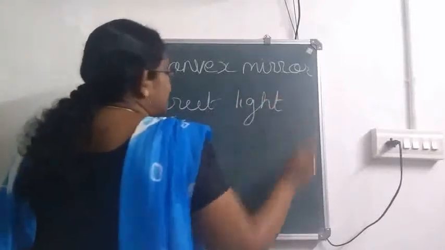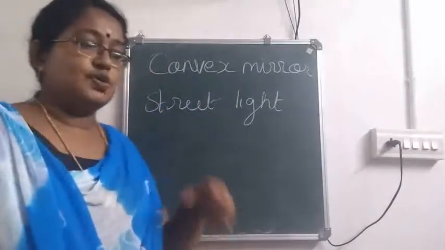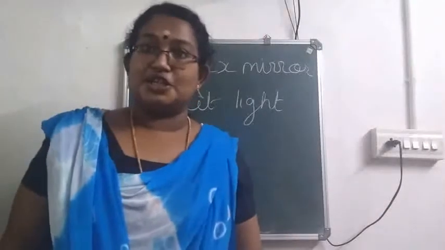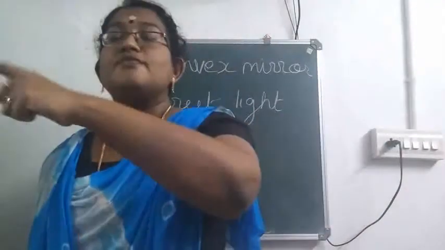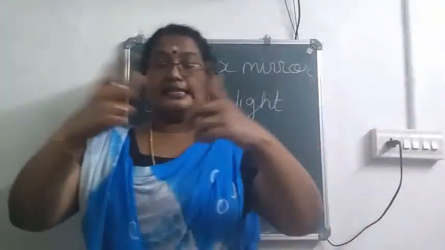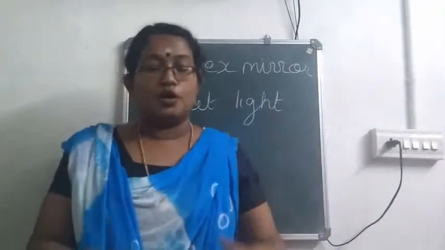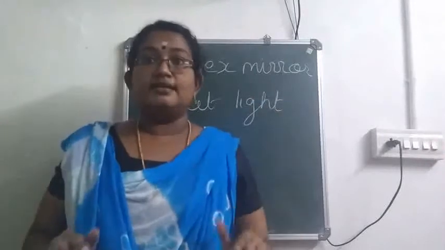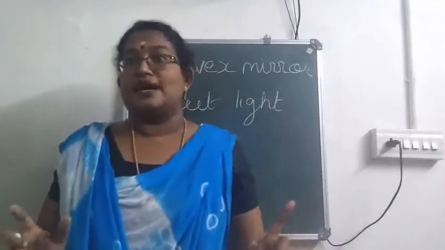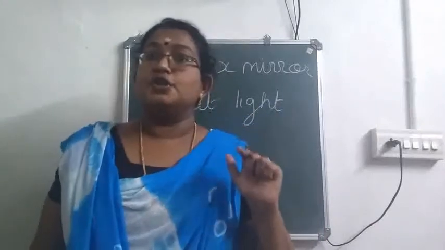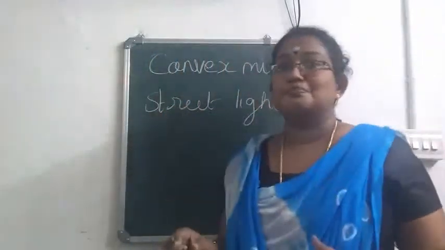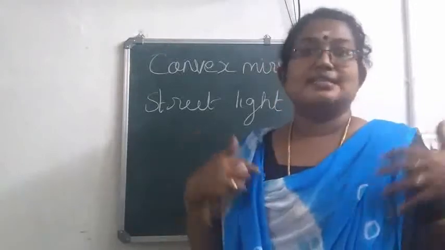What is the need of a street light? Is it to give light to a particular region? No. In the case of street light, it should give light to that entire region, isn't it? Not to a particular point. So we have to use a convex mirror which diverges the light rays.